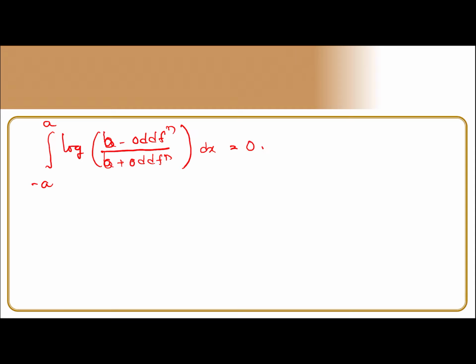This question is very common and in so many competitions they asked it. That's why we took this one. Integral minus a to plus a of log of b minus odd function over b plus odd function is always 0.